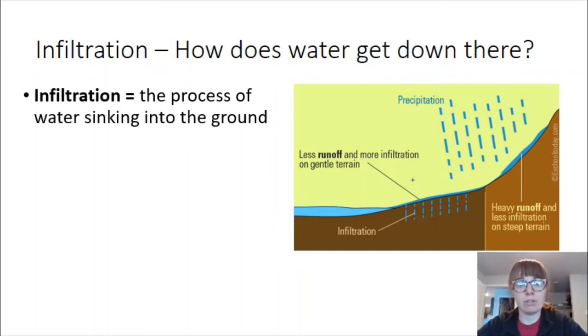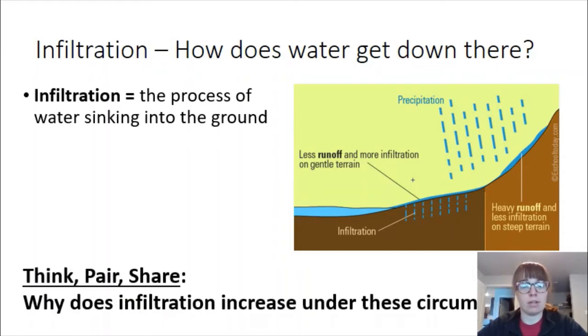It will increase when you have moderate to gentle rainfall, and it increases when you have relatively dry soil. So our infiltration rate will increase when we have a gentle slope on our landscape, when we have light vegetation, when we have moderate to gentle rainfall, and when we have relatively dry soil.